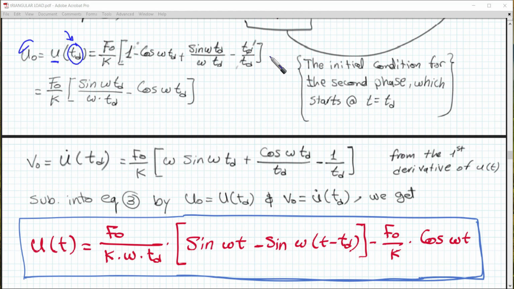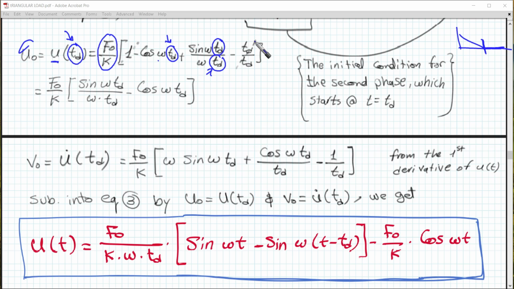The second part, which is related to the force, is not there because, as I said, here there is no force, so the forced vibration part in the equation is going to vanish. So we're going to have f node over k times 1 minus cosine omega TD, and TD over TD.